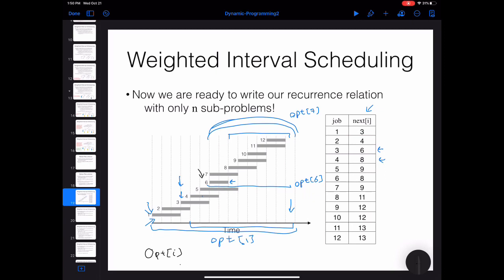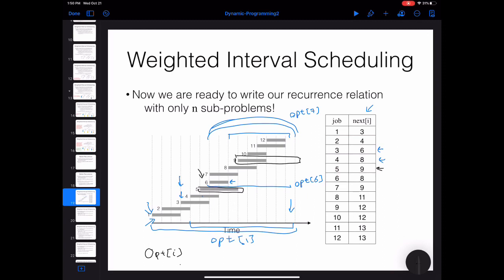It is exactly the first recursive tree, the exhaustive search that we thought about. Either you are going to take job 5 or no. If you take job 5, the rest of the problem will be from the next of 5, right? From job 9 to the end.